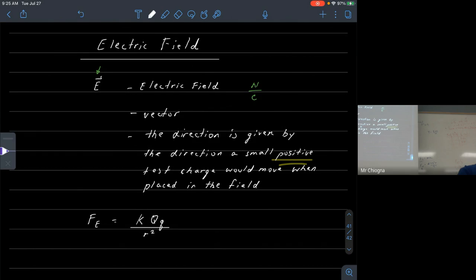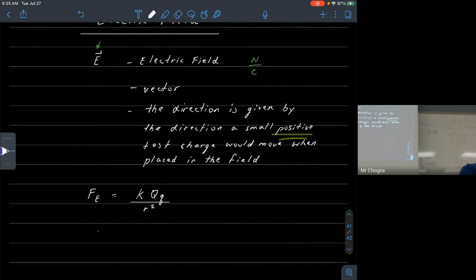Okay, the electric force, I'm just looking at the magnitude here, is defined as, it is the electric force with the smaller q divided out. This is the source, and you'll see what I mean by that later. This is the source of the electric field.